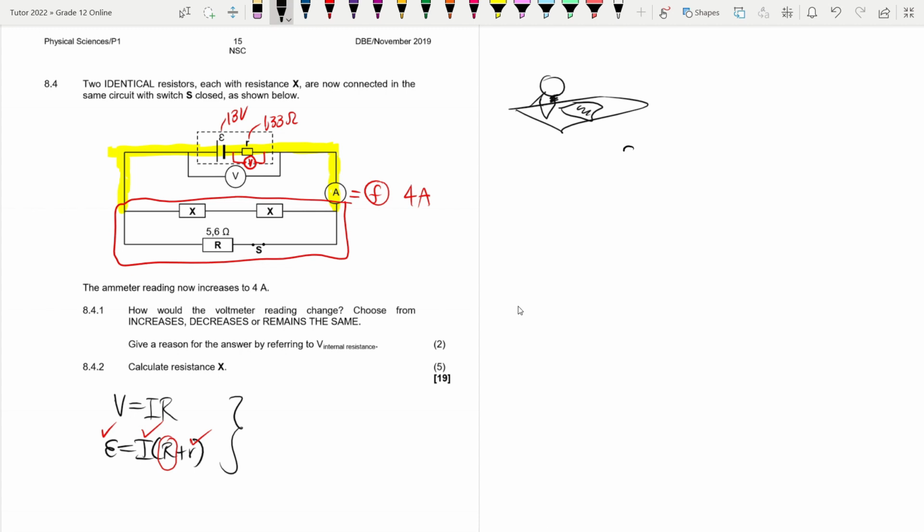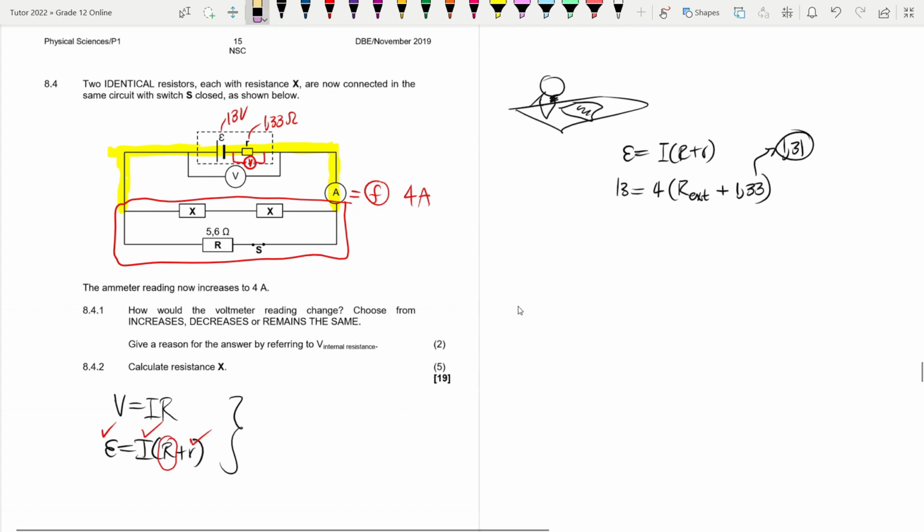EMF is I(R + r). EMF is 13, current is 4, R is not known, I'll call it R external, plus 1.33. You could use 1.31 if that's what you got in the previous question, that's also okay. Then what do we get for our R external?